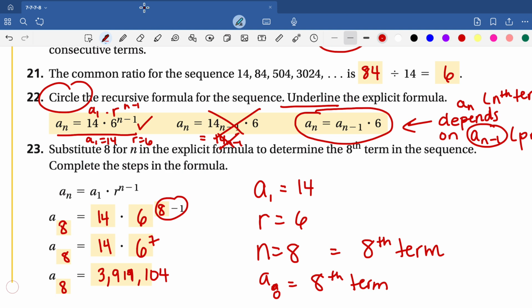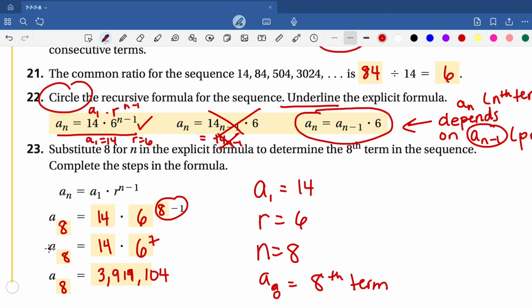Okay? So I'm going to erase this part right here. If I'm looking for a sub 8, I'm just going to plug in all this information. A sub 8 is equal to the first term, 14, times my ratio, which is 6, to the power of n minus 1, which is 8 minus 1. And then I just simplify that.